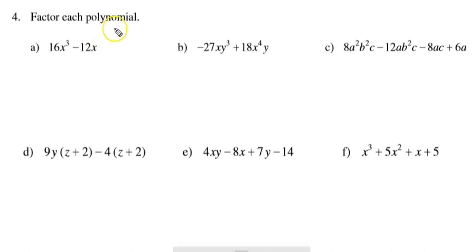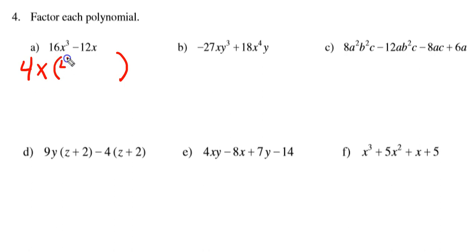Now, here are some general examples of things to do. What can I take out of each term here as a number? Well, I can take out a 4. And in terms of the letter, out of each term, I can take out an x.